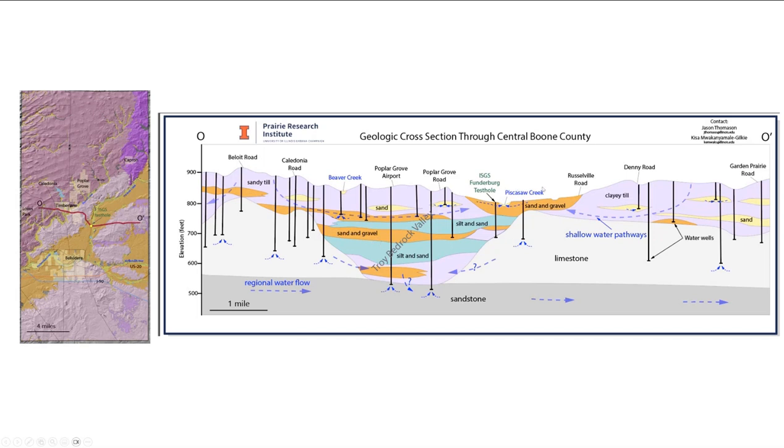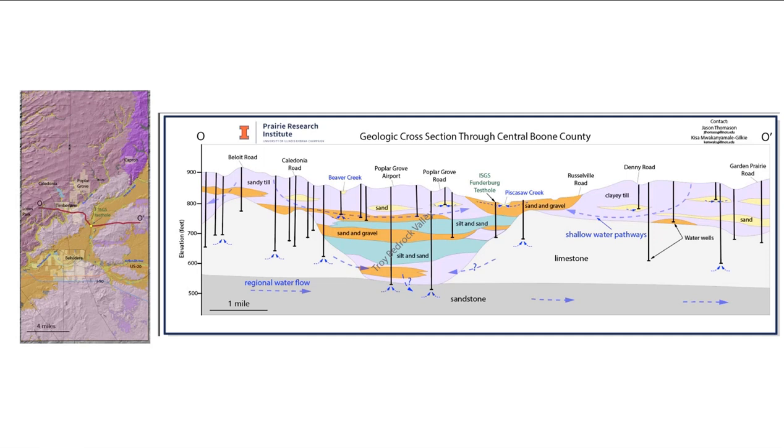So Piscasaw Creek is here. We have our own borehole right here. A few holes get down to the bottom of this, what we call the Troy Bedrock Valley. So this bedrock valley is incised into the bedrock and filled with glacial material. And this is a key component to the water resources of Boone County, this Troy Bedrock Valley.